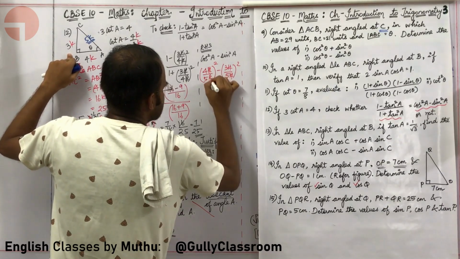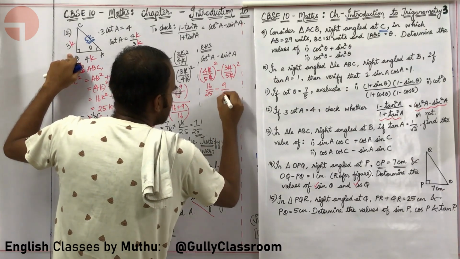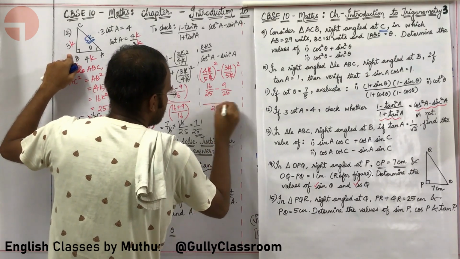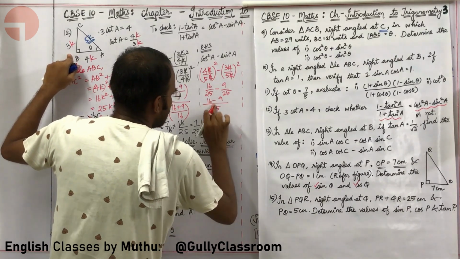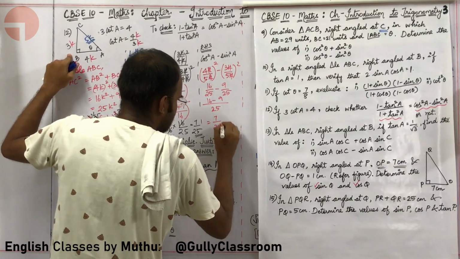K and k will get cancelled. 16 by 25 minus 9 by 25. So both the denominators are the same, 25. 16 minus 9. What is 16 minus 9? This is nothing but 7 by 25.